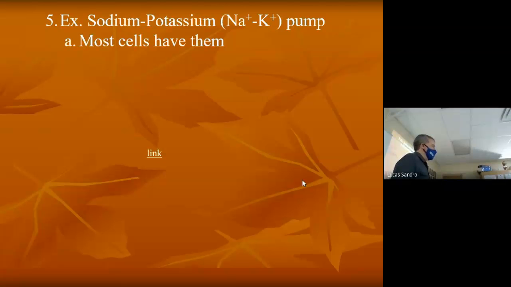Hopefully you're aware that Na and K are the periodic table symbols for the elements sodium and potassium. Notice the positive sign next to both of them. We are talking about sodium and potassium ions, charged versions that have lost electrons. This is still active transport, so it requires energy.